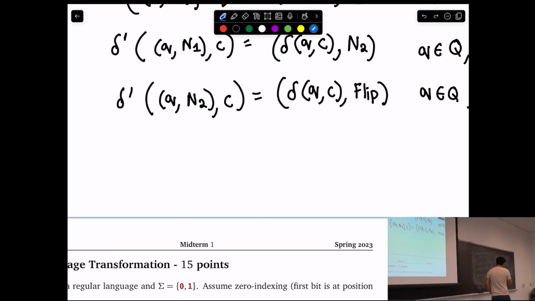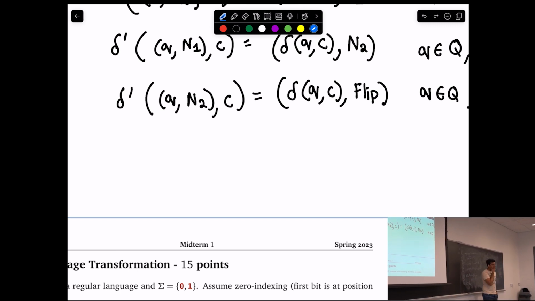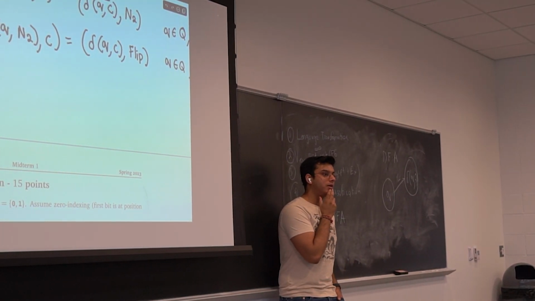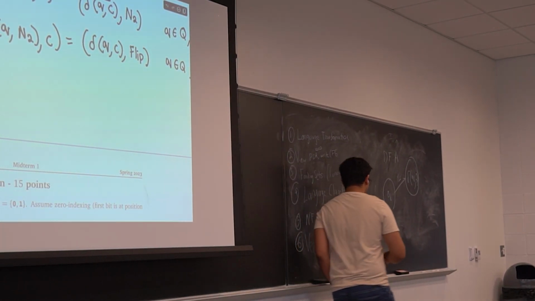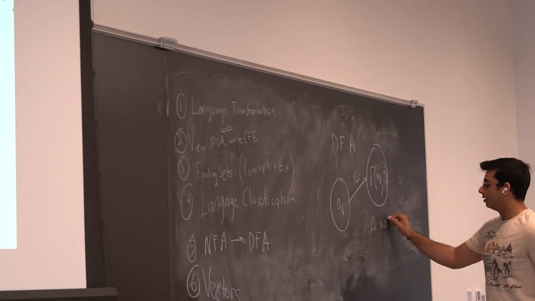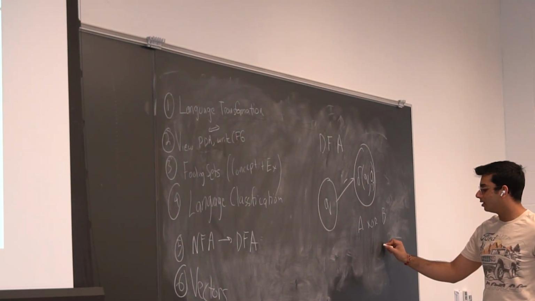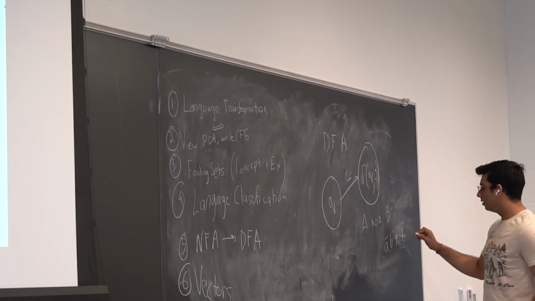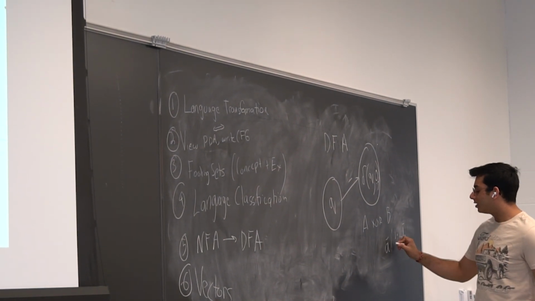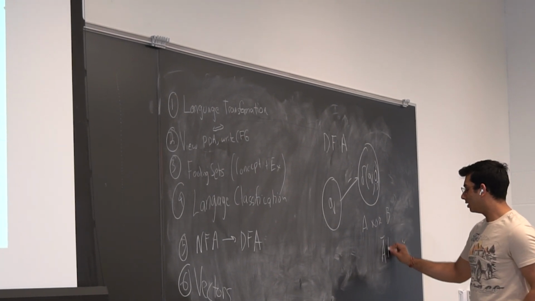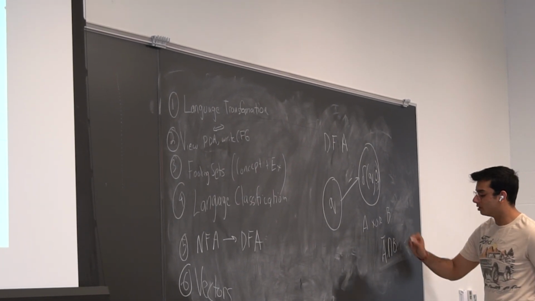So when you take the intersection of two languages, the idea was, can I create a regular expression using XOR? Like the regular expression for A XOR B. If you have two languages, I think it's just the intersection of the complement of A and B, union, the other way around.